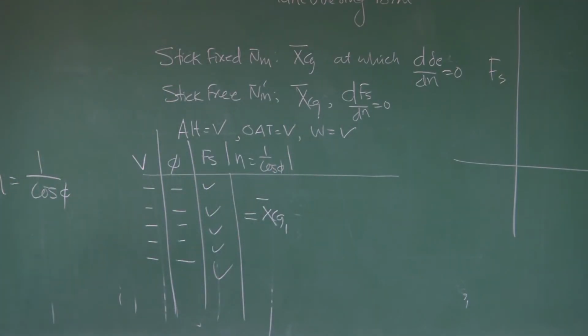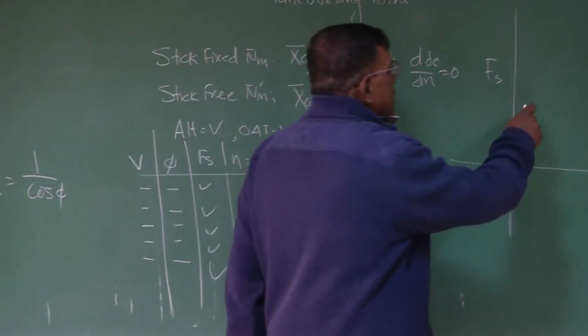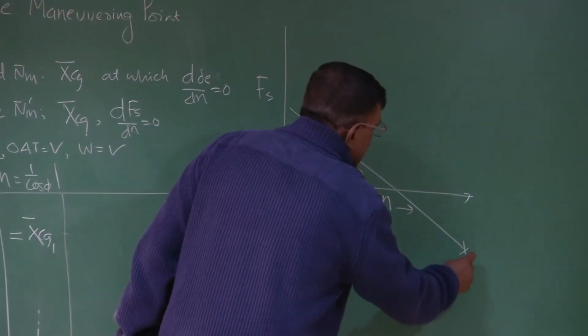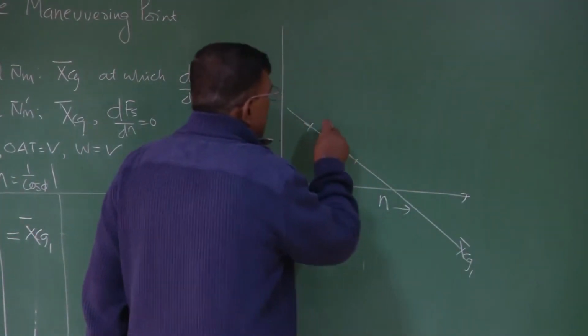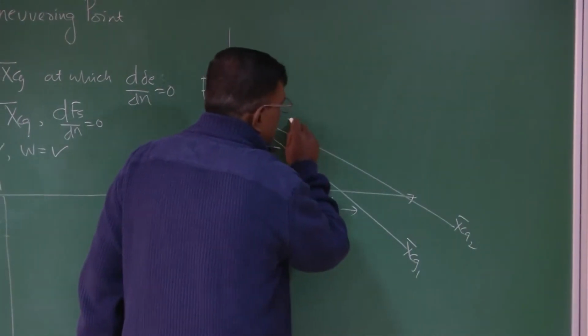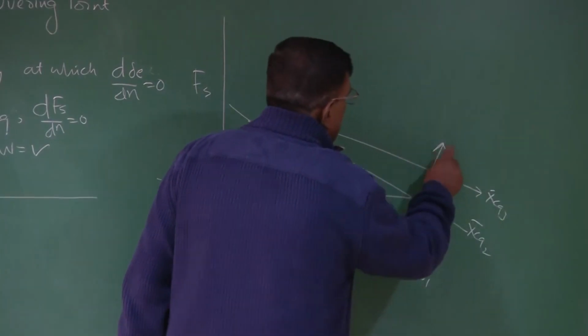Right? So I get the value of n. So I plot Fs versus n, and let's say these are the values for different speeds. Again, this is XCG1. Similarly, I get it for another XCG2. Similarly, I can get it for another XCG3. Like this, I can go on generating.